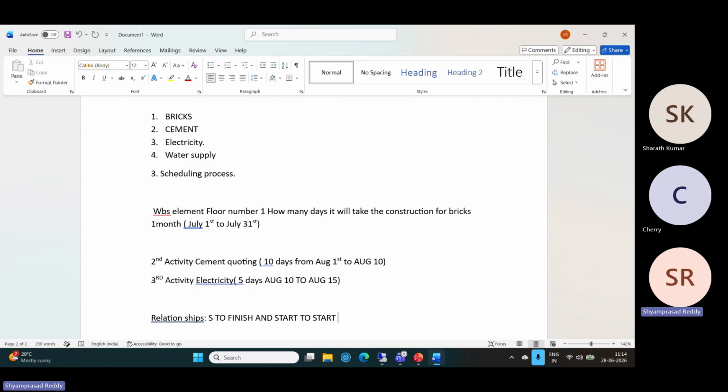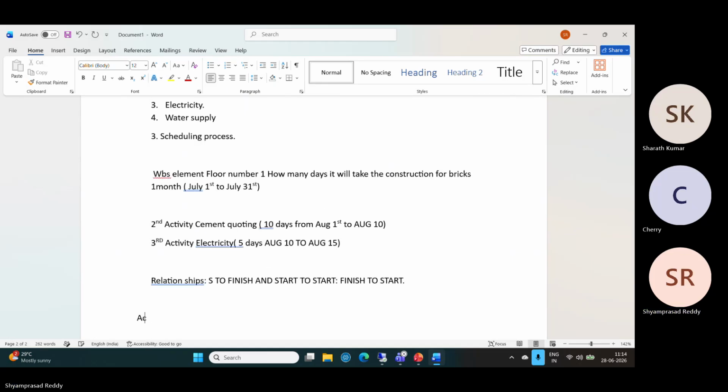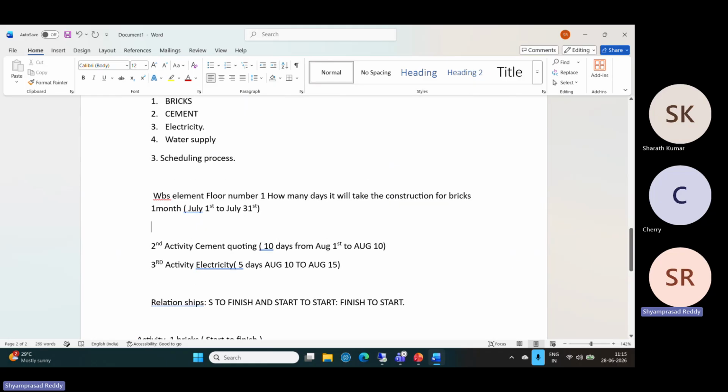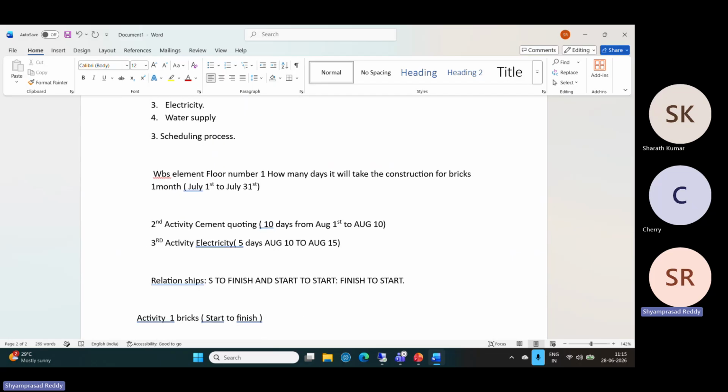For activity one, bricks, once the bricks are completed, then it will start the second activity, cement coating. Once activity one is completed, then it will start the second activity, cement. This is also start to finish. These are called relationships.